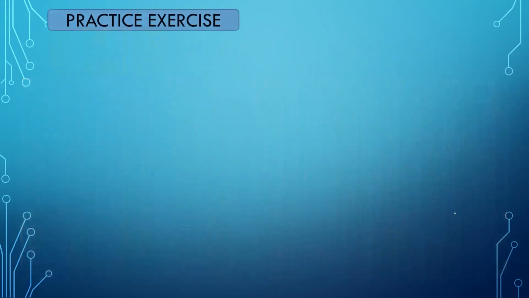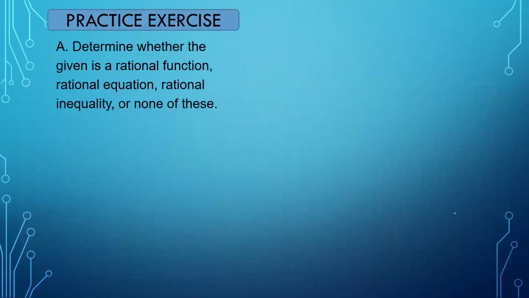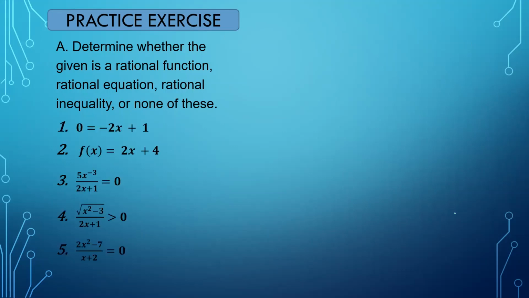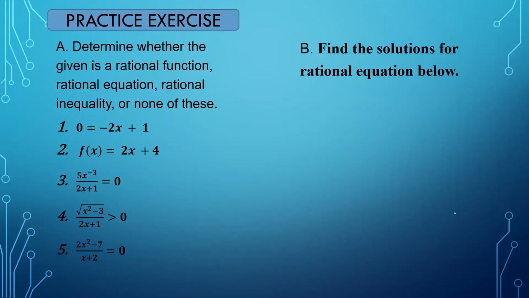Next, we have a practice exercise, so you need to practice. First, determine whether the given is a rational function, rational equation, rational inequality, or none of these. We have different expressions here. Next, find the solution or solutions for the rational equations below. Number 1: 5 over 2x plus 1 is equal to 2.